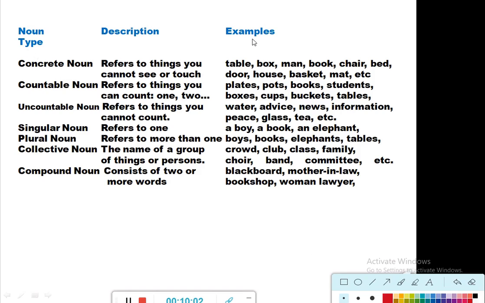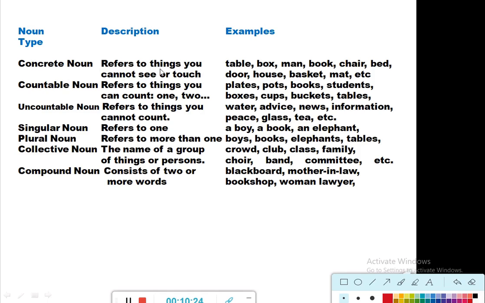A concrete noun refers to things that you can see or touch. This is a typo on the slide.